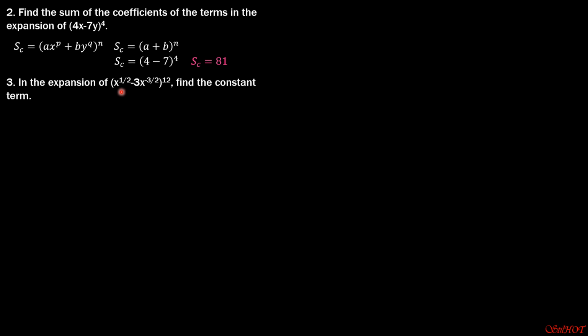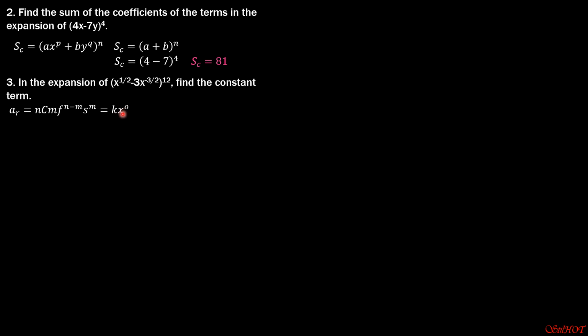Where n is 12, m we do not know, but that is r minus 1. First term is x to the 1/2, and the second term is negative 3x to the negative 3/2. So writing the formula first for the r-th term, nCm, first term to the n minus m, second term to the m, and we equate it to the constant term, which is kx to the 0.